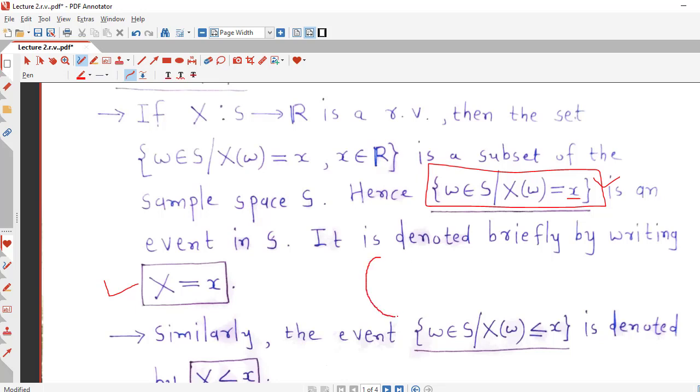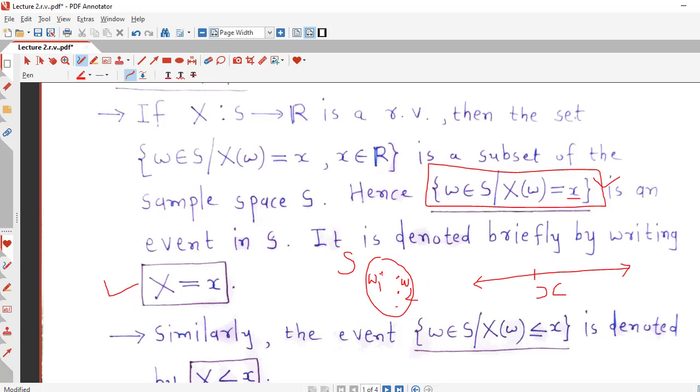For example, suppose this is the sample space S, and suppose X is somewhere here, and suppose there are 3 or 4 outcomes in the sample space. Suppose this outcome is omega 1, this is omega 2.